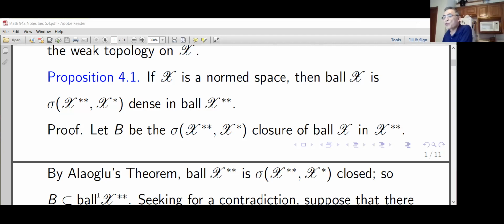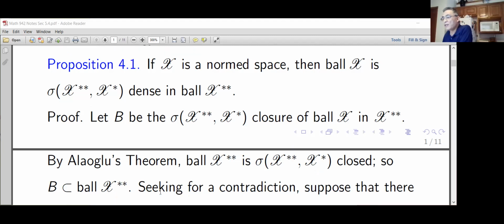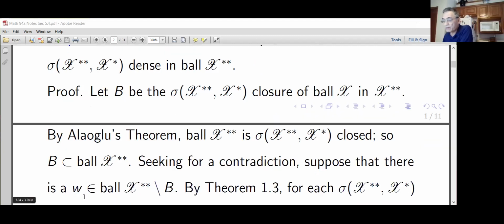So we use proof by contradiction. Suppose B is not equal to that, then there is a w in this set minus B, the complement of B in this set.